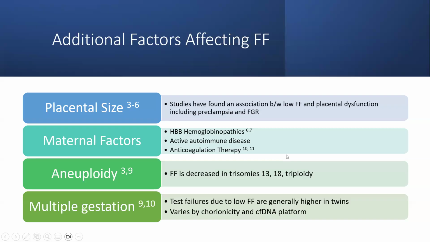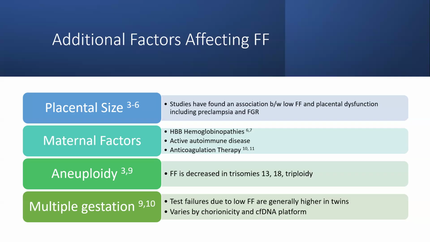A few other factors we think about affecting fetal fraction is placental size. Some studies have found an association between low fetal fraction and placental dysfunction that may present itself as preeclampsia or fetal growth restriction. There are maternal factors playing a role.